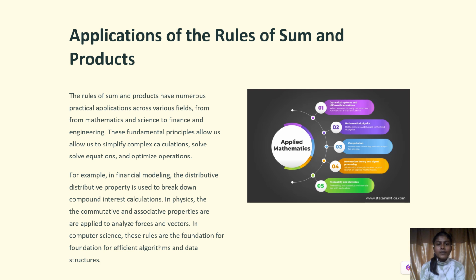For example, in financial modeling, the distributive property is used to break down compound interest calculations. In physics, the commutative and associative properties are applied to analyze forces and vectors. In computer science, these rules are the foundation for efficient algorithms and data structures.